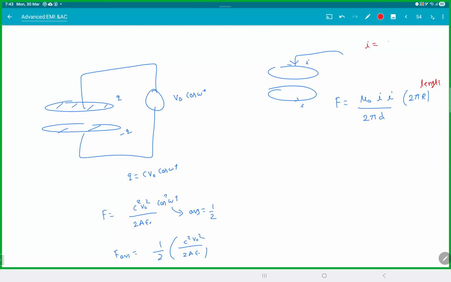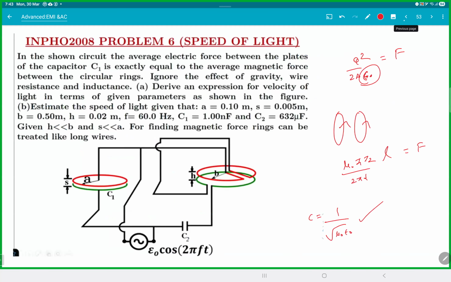What is I again? Ignore the effect of gravity, wire resistance, inductance. H is given, B is given.